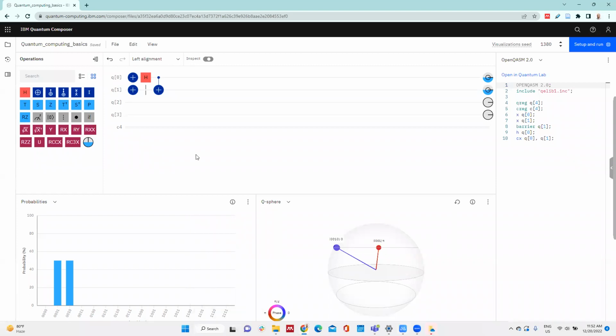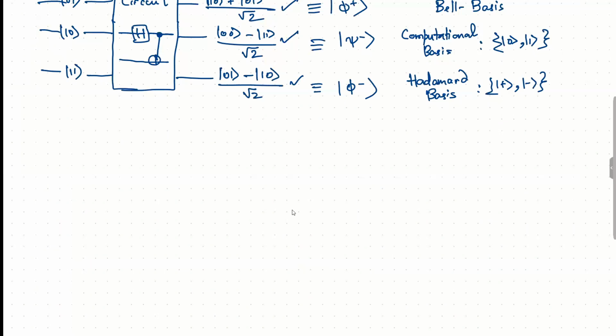All right. So in this tutorial, just to summarize, we saw how to implement different quantum states, which could be 0, 1, a plus state or a minus state. They are the basis states.